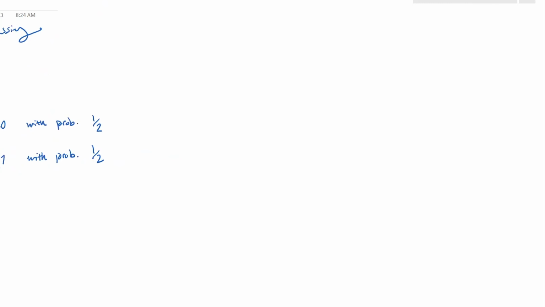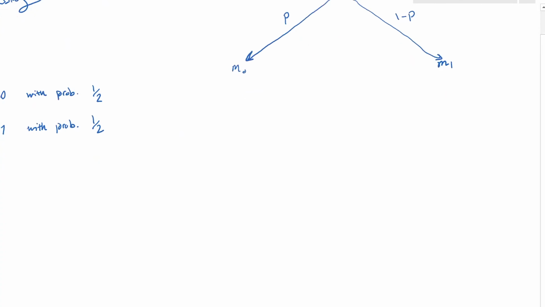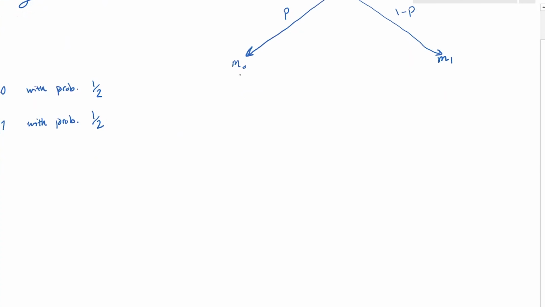So in order to do that computation, we start with our message space. We can either choose M0 or M1. We choose M0 with probability P, and M1 with probability 1 minus P. Once we get here, we have these choices.